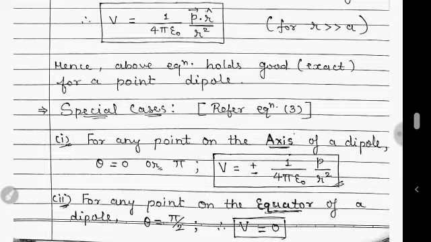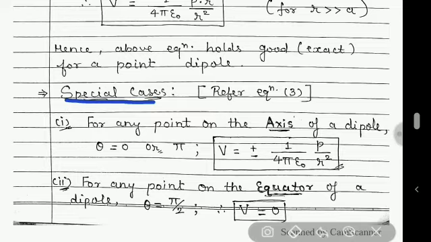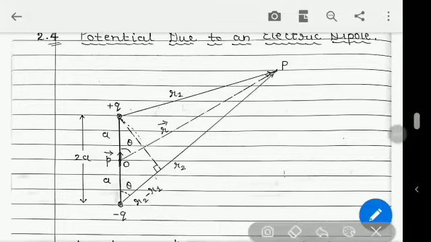Now some special cases. These special cases are for the potential of this electric dipole on the axis as well as on the equator. Now on the axis, let us consider the axis of our dipole.